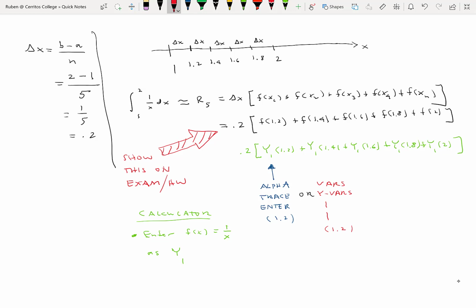Then plus alpha trace enter 1.4 plus alpha trace enter 1.6 plus alpha trace, etc. Or the corresponding keystrokes with the older calculator in the red indicated. And I realized in my red, it looks like Y variables, it's X variables. Okay, play with it a little bit. If it seems a little intimidating watching this described, it's much easier done in practice, and you'll have plenty of practice on homework and stuff.